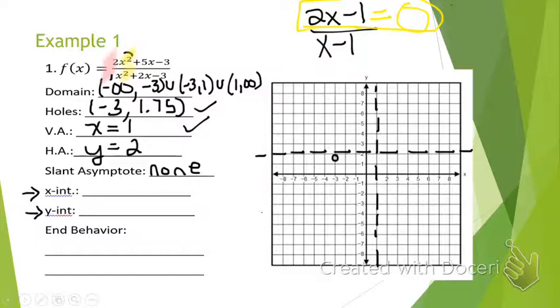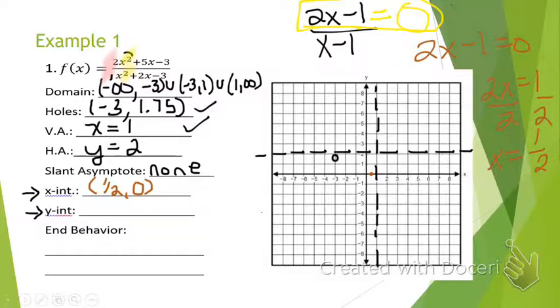So we're going to set that equal to 0, and we're going to solve. So 2x minus 1 equals 0. Add 1 to both sides. 2x is equal to 1. Divide by 2. X is equal to 1/2. So our x-intercept is going to be at 1/2, 0. On the graph, we're going to put a dot right there at 1/2, 0.